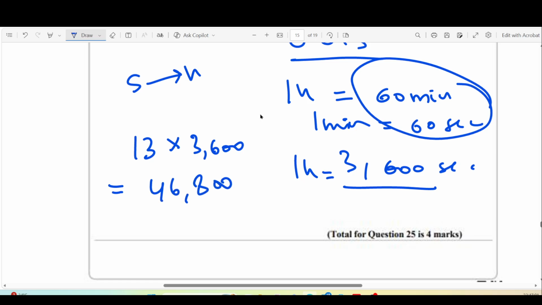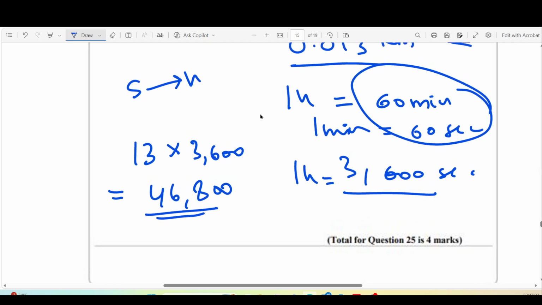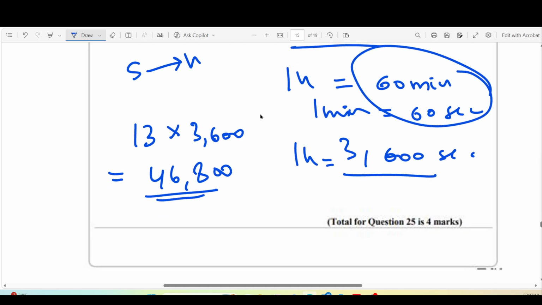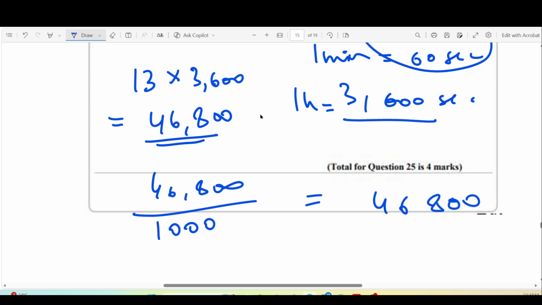Okay. So this is what we have got. Now if I divide it by 1000, just write the numerator as it is, put the decimal after 3 digits because there are 3 zeros, so after 3 digits the answer is this, which is in kilometers per hour.